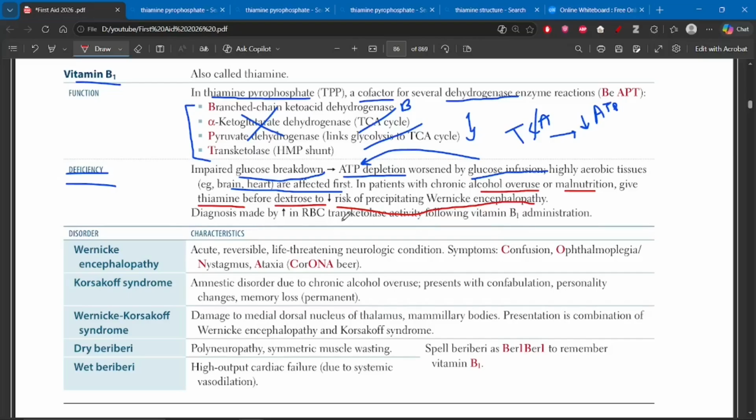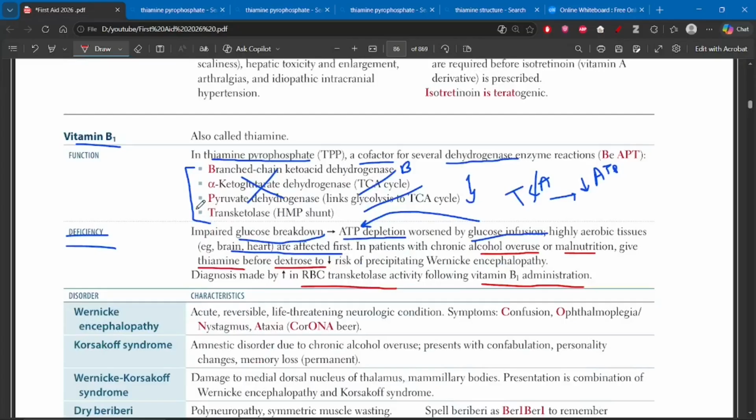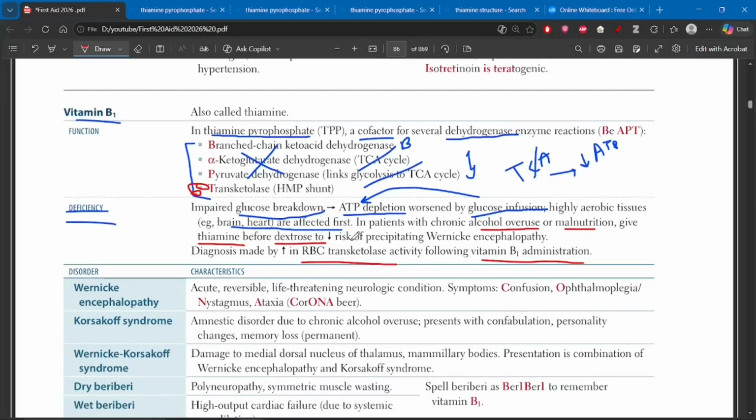Diagnosis is made by increased RBC transketolase activity following vitamin B1 administration. So when you administer vitamin B1, the RBC transketolase activity is going to increase because it is a part of the transketolase enzyme, and you can measure this.